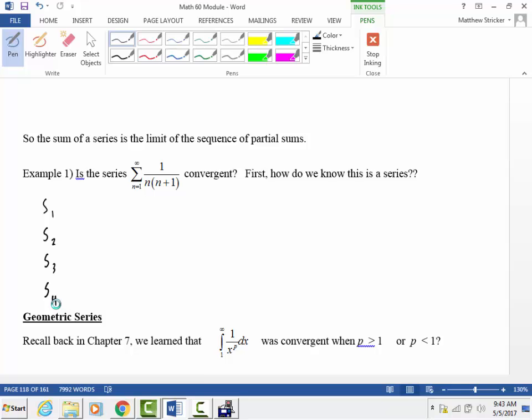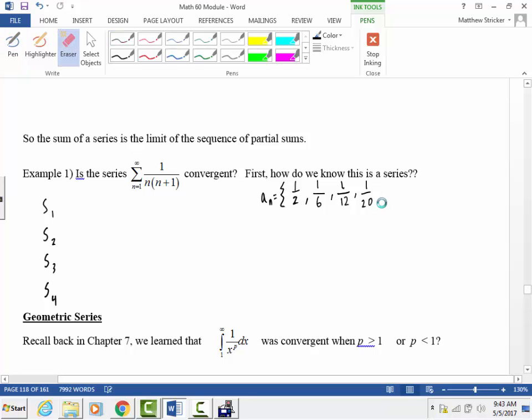You probably want to start with what the series looks like. So what does a sub n look like? That's where I would start. So the first term is 1/2, right? Second term is what? It's always going to be 1 on the top. 1/6, 3 times 4, 1/12, 1/20.